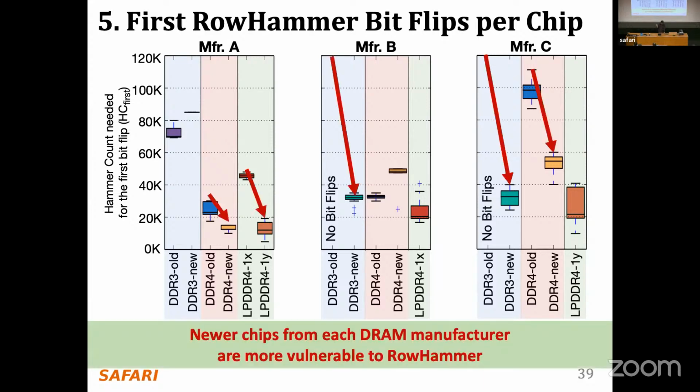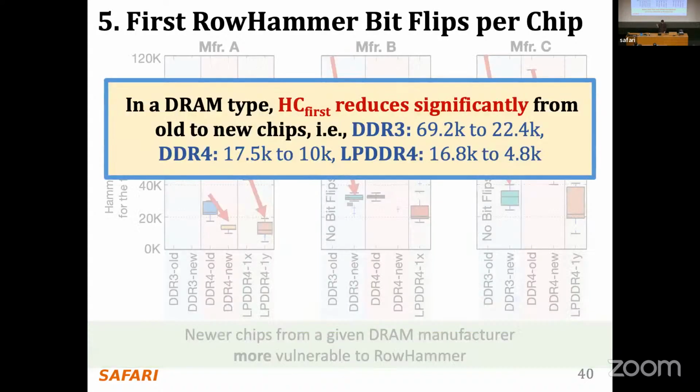Again, in general, the newer the technology node is, the more vulnerable you are to RowHammer, because you see the first bit flip with much fewer activations. And here we see this 4.8k minimum activation count number.